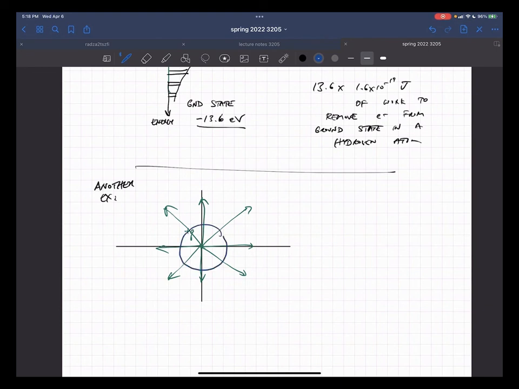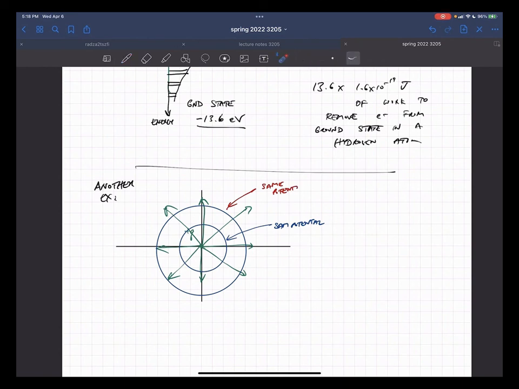So equipotential lines would look like this. Everybody on this would have the same potential, and everybody on this would be at the same potential.